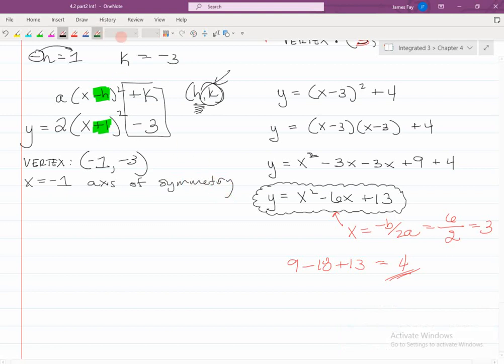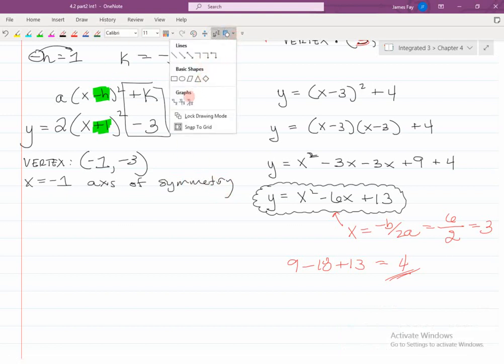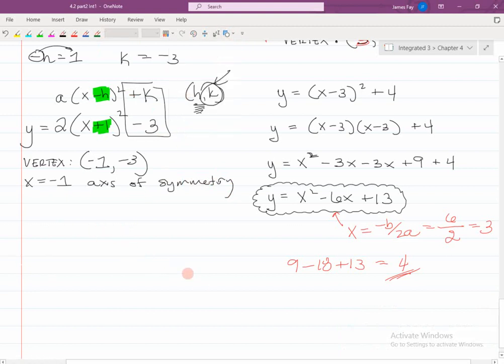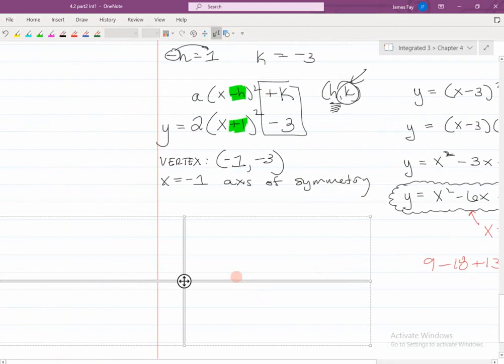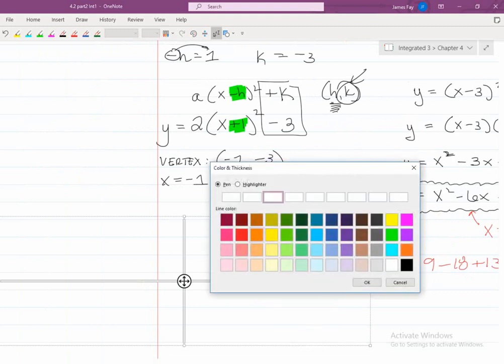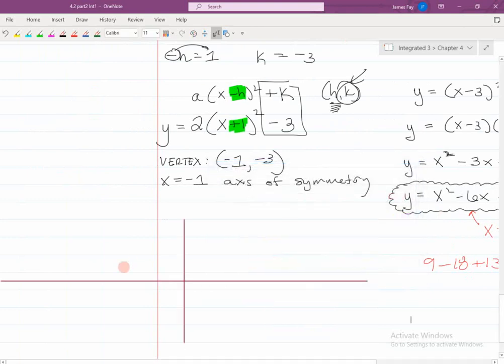Okay, so if we're trying to graph this on our own, let me get an XY axis in here. If we're graphing this thing right now, we would want to find -1, -3. So that's my vertex, right?